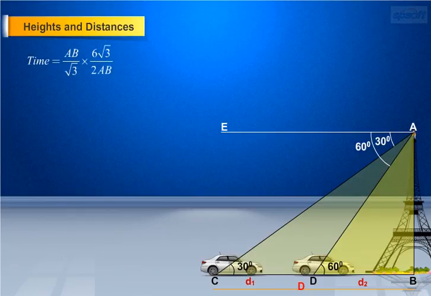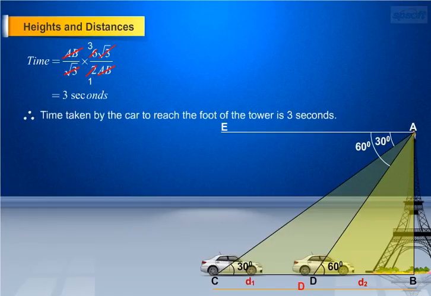Here, speed is 2AB by √3 into 1 by 6, and the distance DB is AB by √3. By substituting, time equals AB by √3 into 6√3 by 2AB. By simplifying the values, we get time equals 3 seconds. Therefore, the time taken by the car to reach the foot of the tower is 3 seconds.